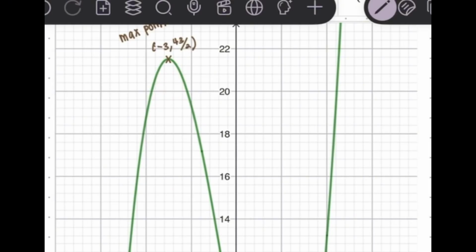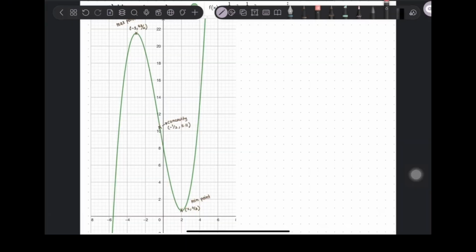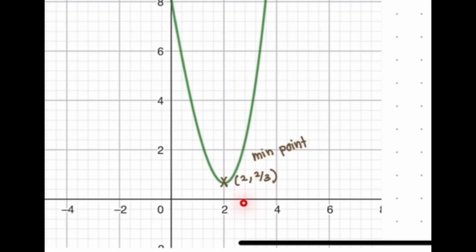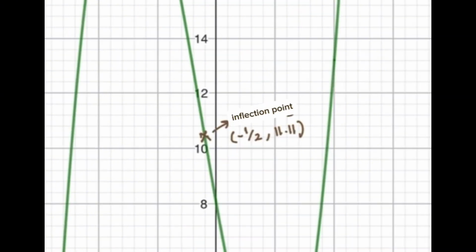This is exactly the relative maximum point that I calculated, which is (-3, 43/2). And same for the minimum point, as we get 2/3.